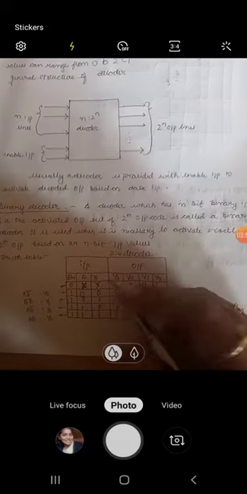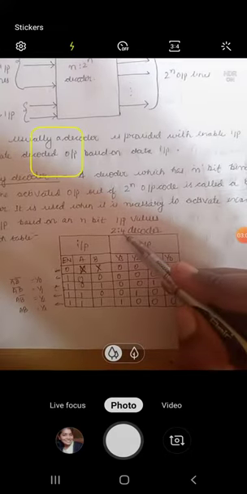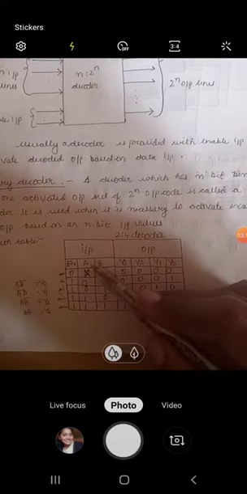For example, this is the truth table for this. See here I have written 2:4 decoder, meaning 2 inputs, 2 raised to 2, that is 4 outputs. These are the inputs A and B and these are the outputs Y0, Y1, Y2 and Y3.